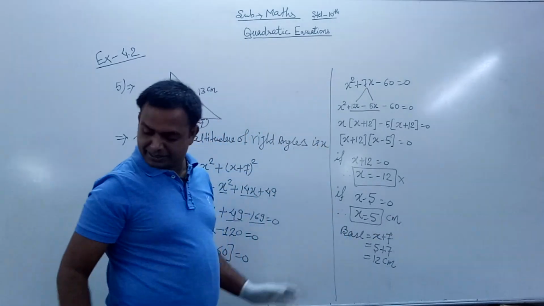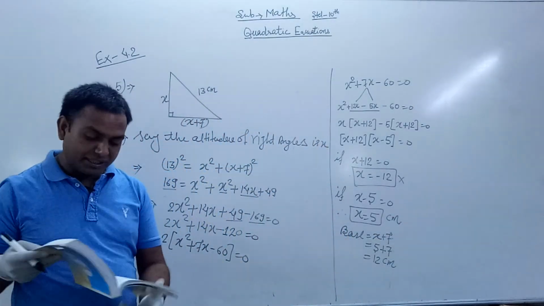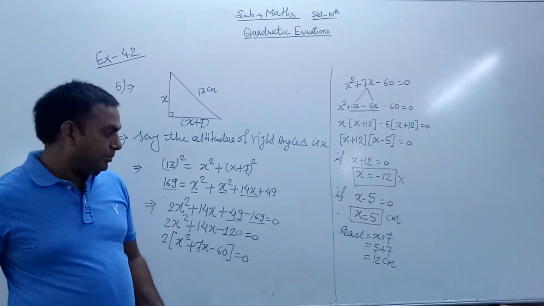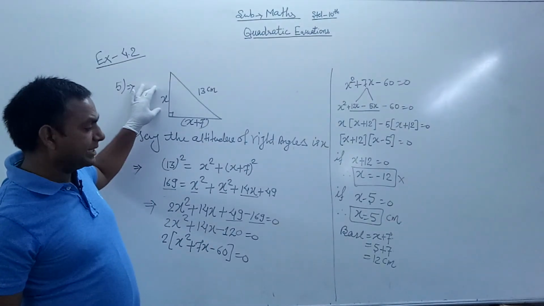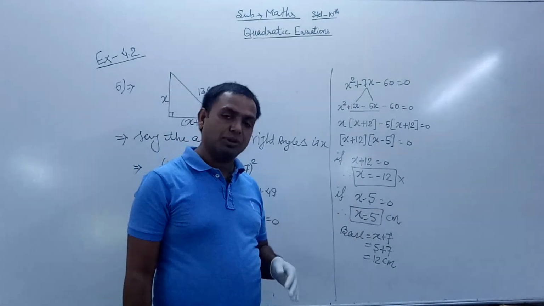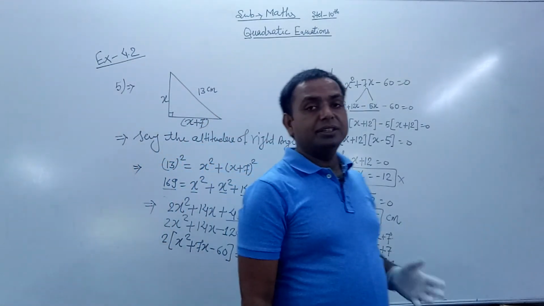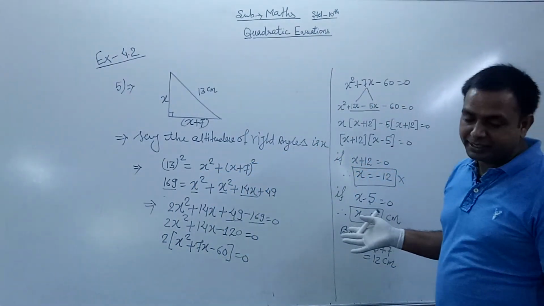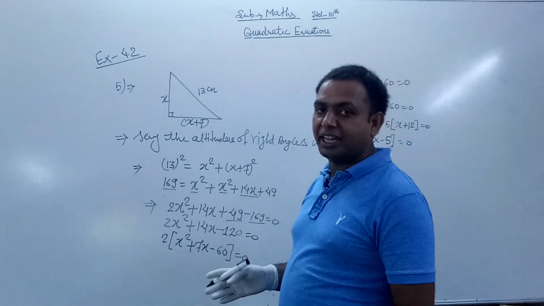The hypotenuse is given in the question. So the other two sides are the altitude, which is 5 centimeter, and the base, which is 12 centimeter. I think all of you understand the problem related to quadratic equations. Thank you, goodbye.